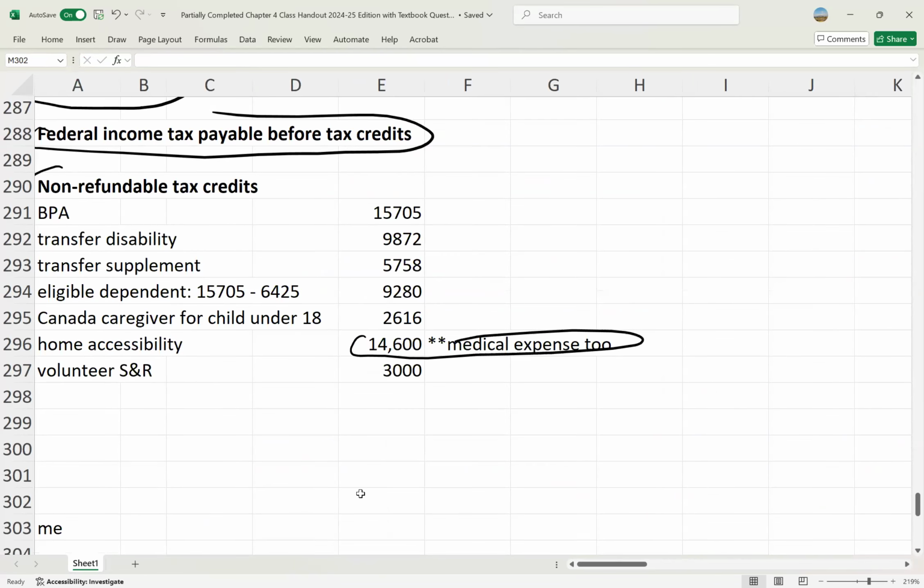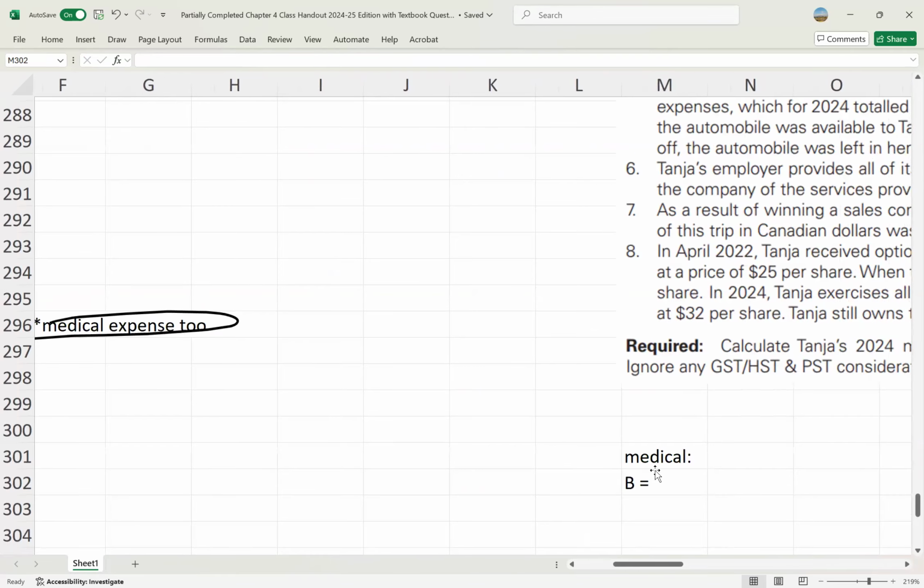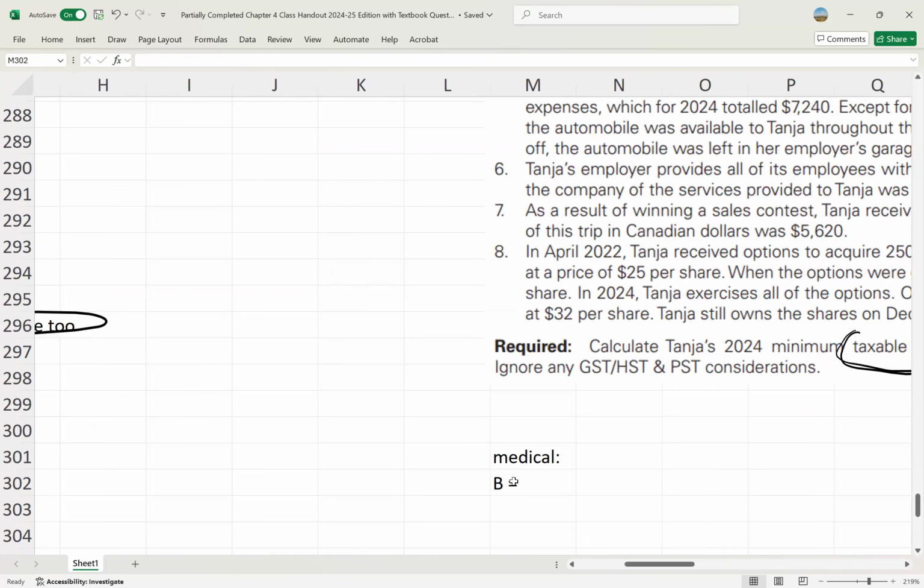So let's do the B amount first. So the B amount, 14,600 plus the 3,465 plus the 10,490 plus the 875. And so that's going to give us 29,400.